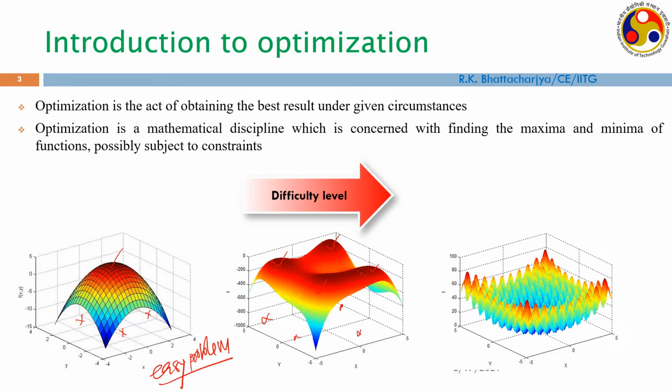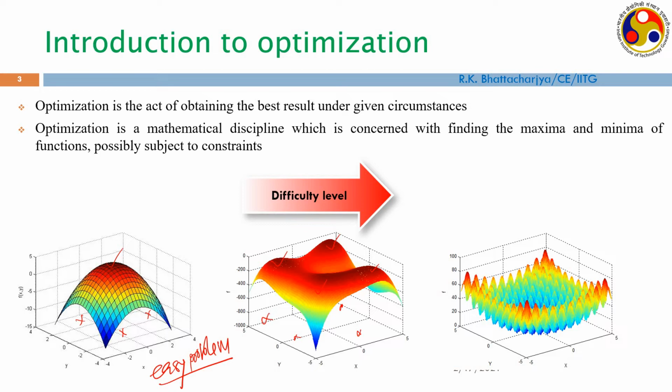For this function there are multiple optimal solutions, and you will get one of them depending upon the initial solution you chose. This is relatively difficult, but because there are only four optimal solutions, with some iteration you may get all of them using the classical method.